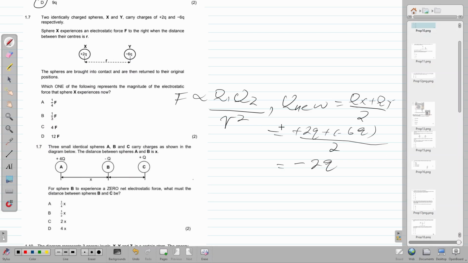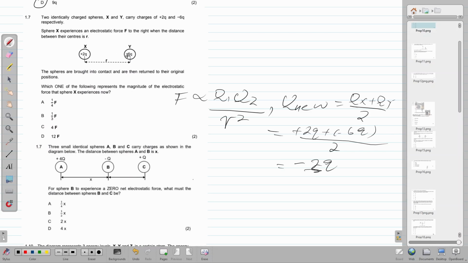So the charge on sphere X changed from plus 2q to minus 2q, but the magnitude has not changed. By magnitude, I mean the size. So whether this is plus 2 or minus 2, the size is 2.